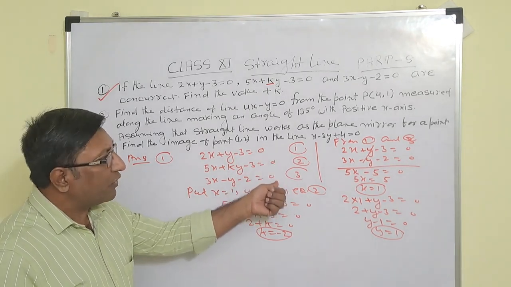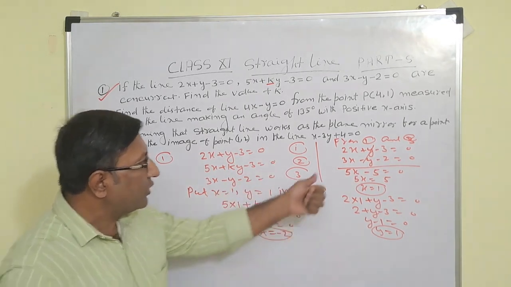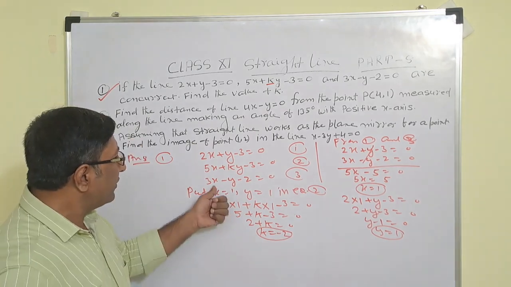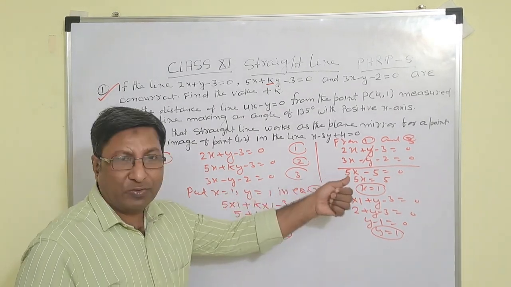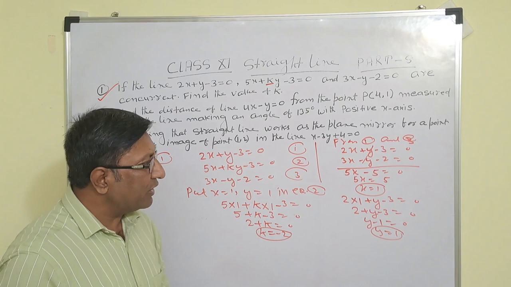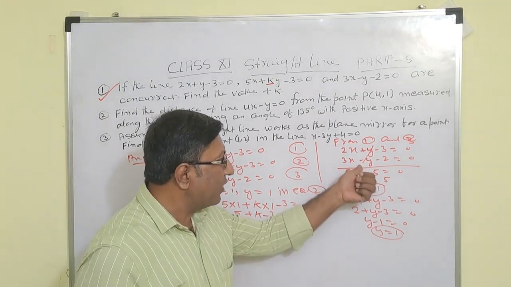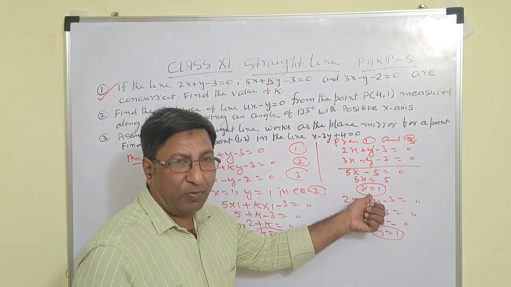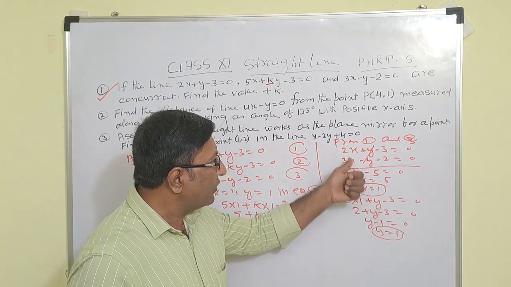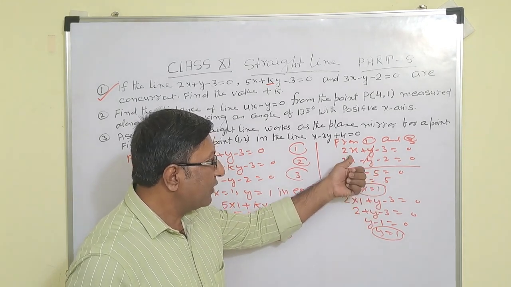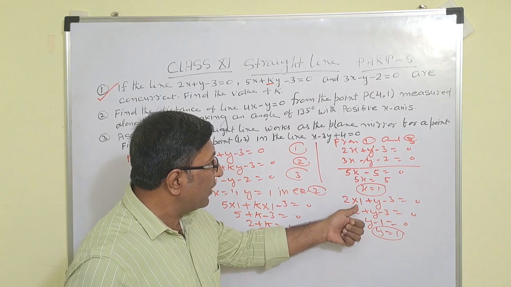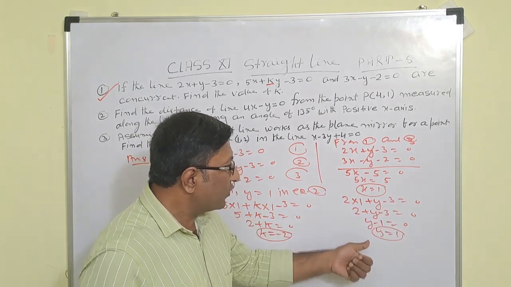Solving 2x plus y minus 3 equal to 0 and 3x minus y minus 2 equal to 0, when we add these two equations, y cancels out, so 5x minus 5, x equal to 1. Putting x equal to 1 in the first equation, 2 into 1 plus y minus 3 equal to 0, so y is 1.